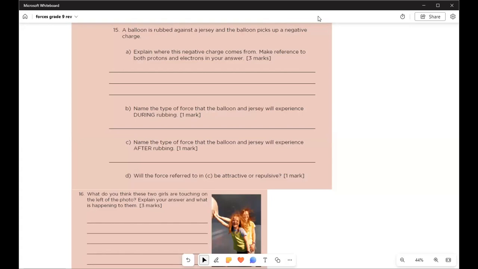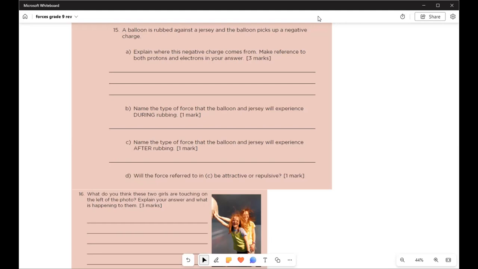The frictional force causes an electron transfer between the two objects, because the balloon has a higher electron affinity. Electron affinity is the ability of an object to attract electrons from the other object.